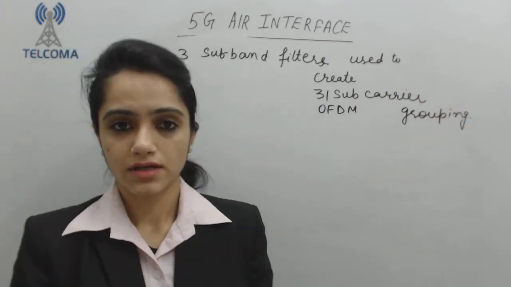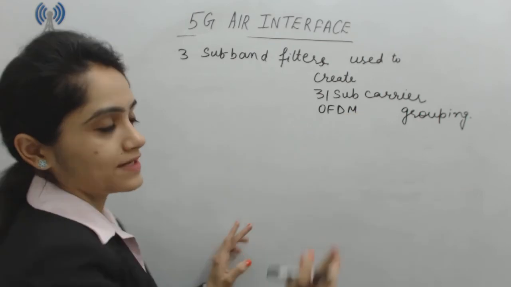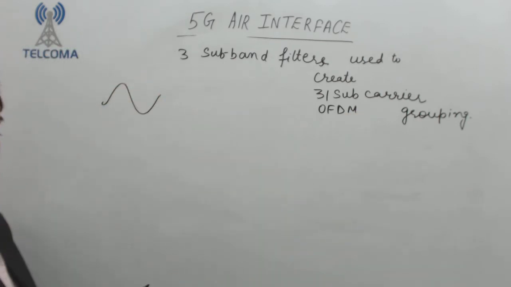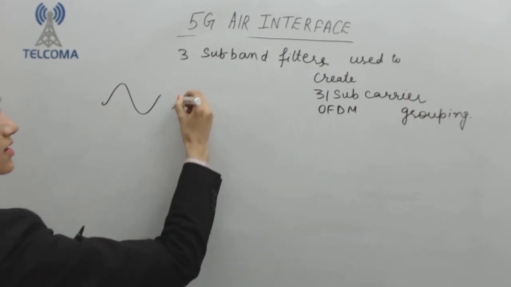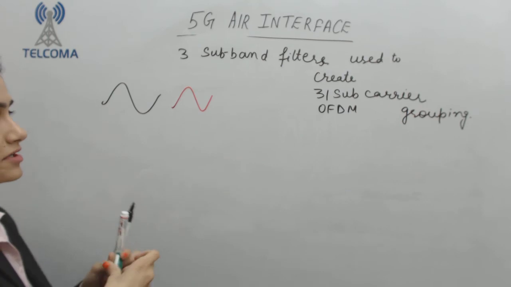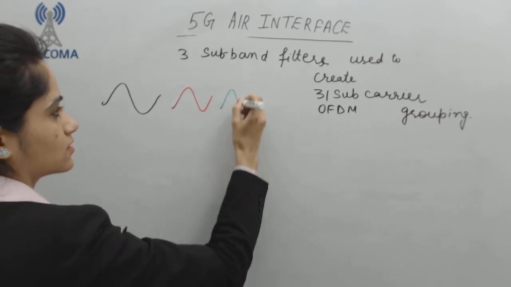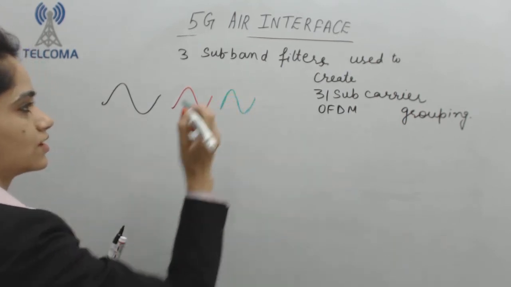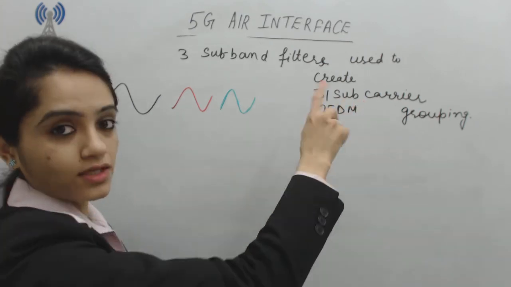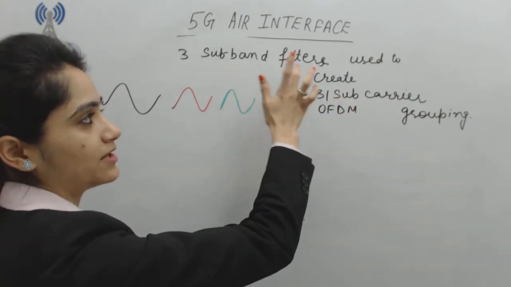So we have three OFDMA subcarriers, again black, red and green. So I have three subcarrier OFDMA. Now we require three subband filters.